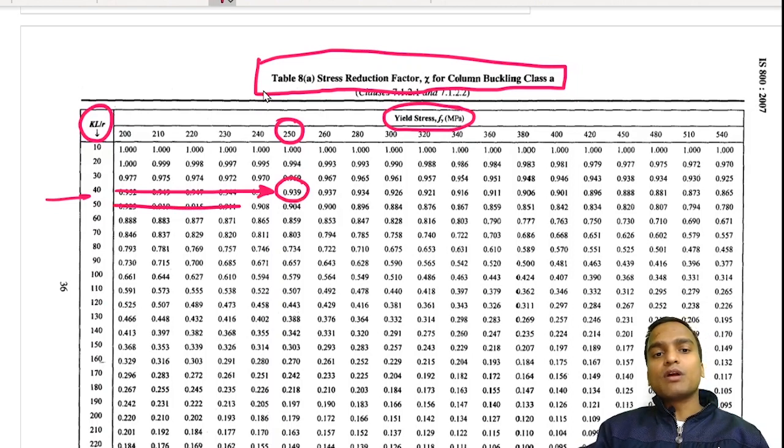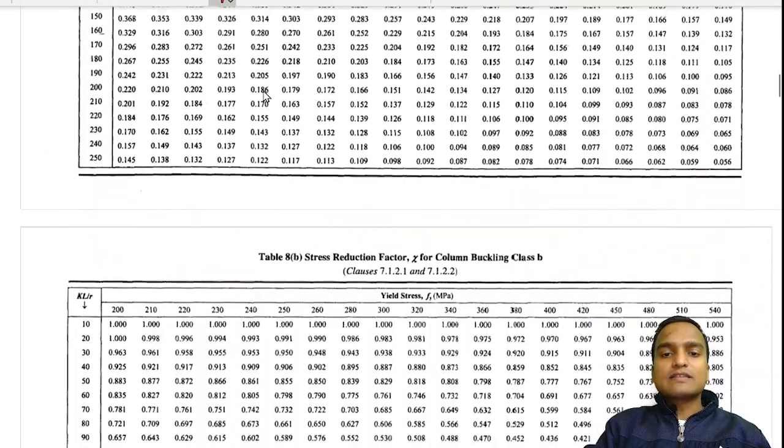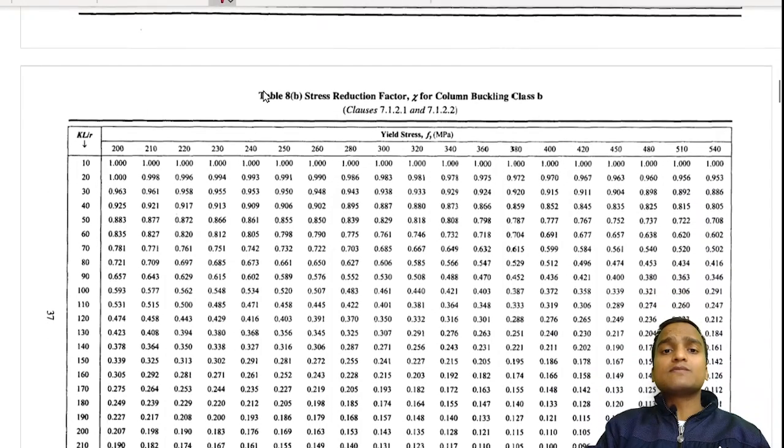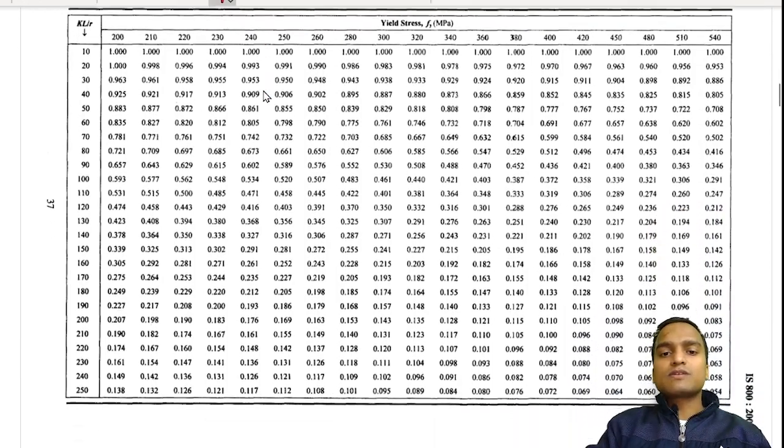Similarly for 50 you have to see the value of X in this row only, and for these two values you have to do the interpolation. This is how we calculate the stress reduction factor. Table 8A is for buckling class A, table 8B is for buckling class B, and all these are tables of stress reduction factor.